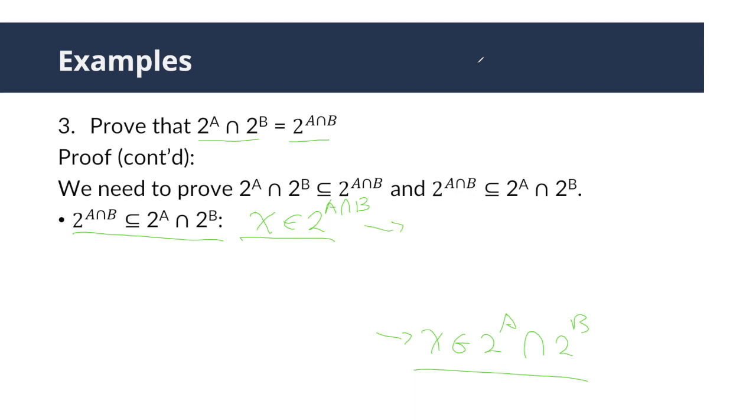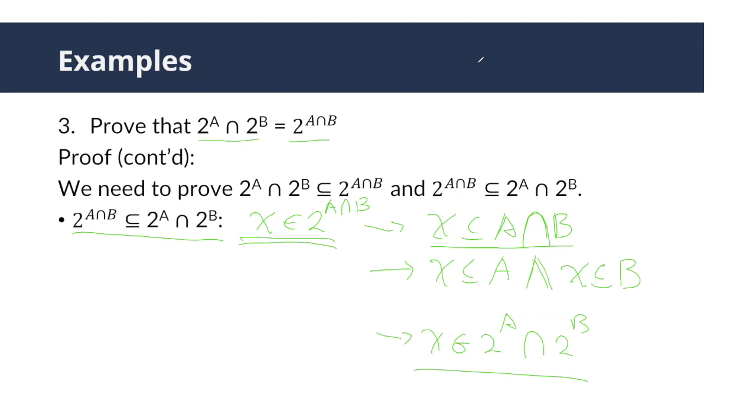First, we use the definition of the power set. Since X is an element of the power set of A intersect B, therefore X is a subset of A intersect B. And now, again, by the second example, since X is a subset of A intersect B, we can imply X is a subset of A and X is a subset of B. Here, by the way, this intersection, this is the AND connective.